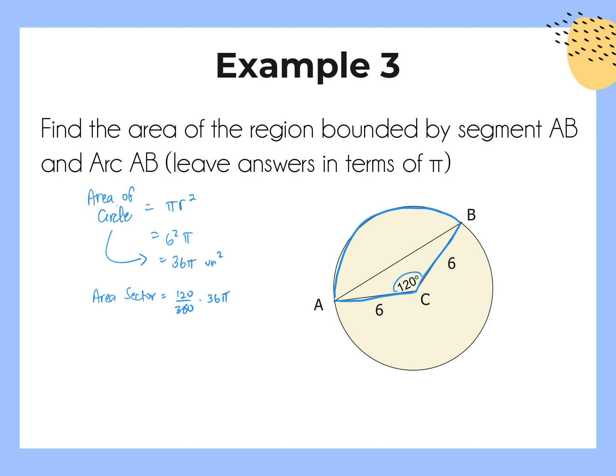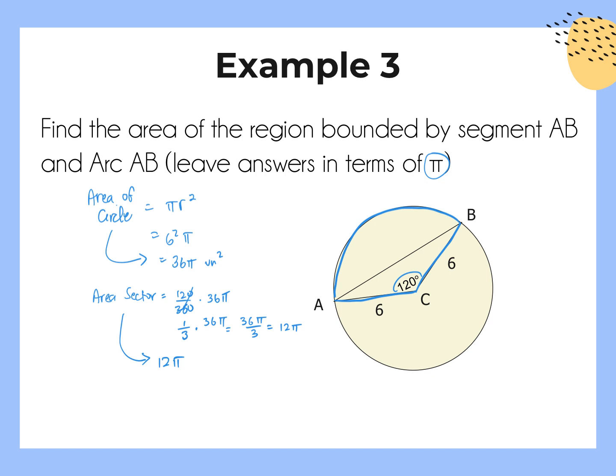I'm going to simplify the 120 over 360 to 1/3 times 36 pi. That's going to give me 36 pi over 3, which simplifies to 12 pi. So I know the area of the sector is 12 pi. And notice it says I can leave it in terms of pi, so I'm not going to have to go any further from that.